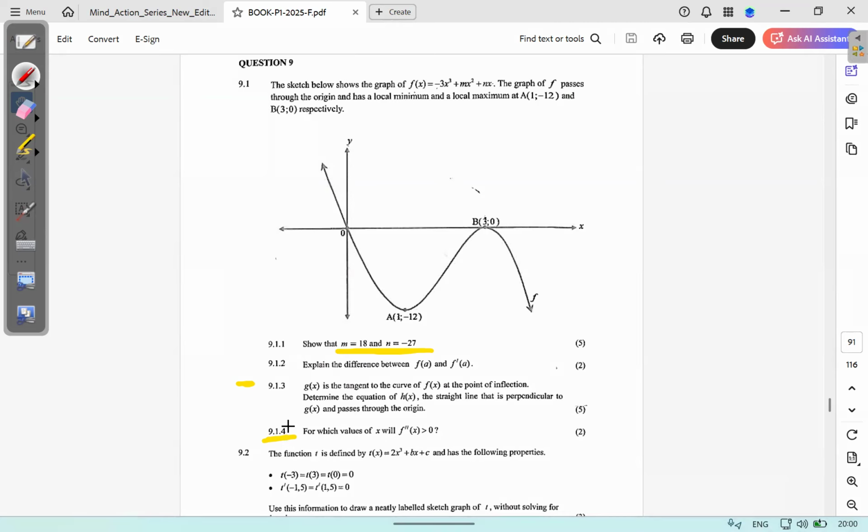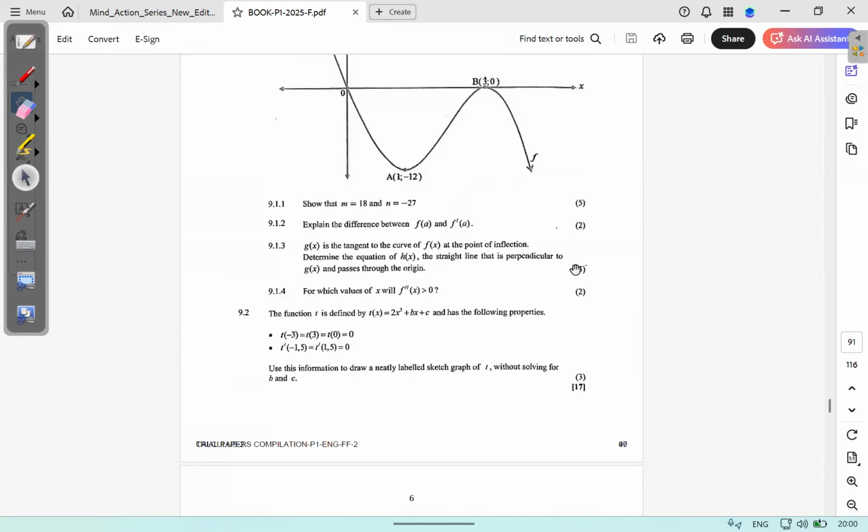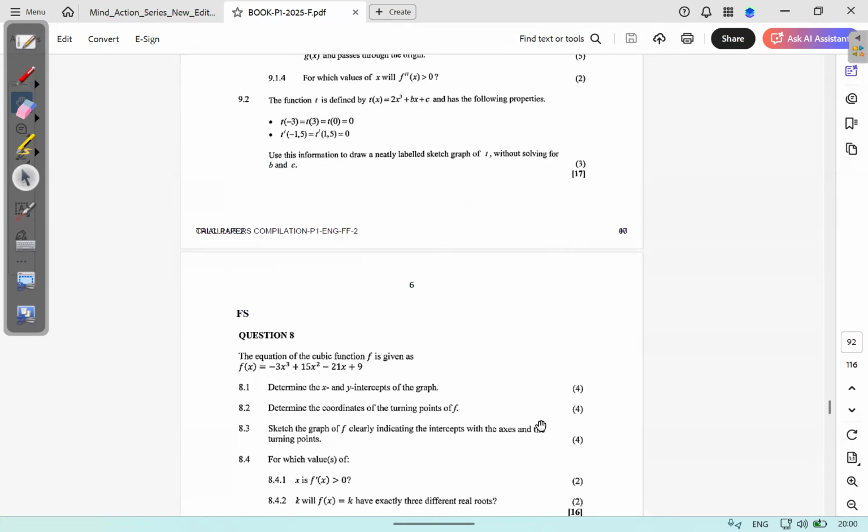So try and do this one as well. I think you could also try this one. It's also a very good question. It's very theoretical, where they ask you to explain something. So this will also be a good try. This question 9, very excellent question.